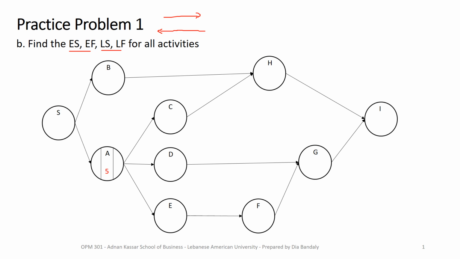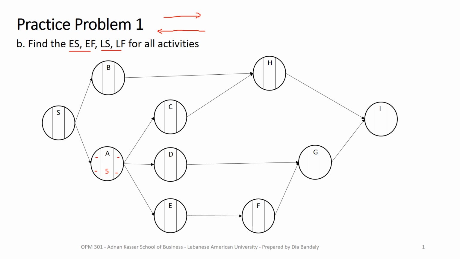Then I will write down here the early start and here the early finish, and then we have the late start and the late finish. This will organize our calculations well. So let's divide every node similarly, so that we make our calculations clear.